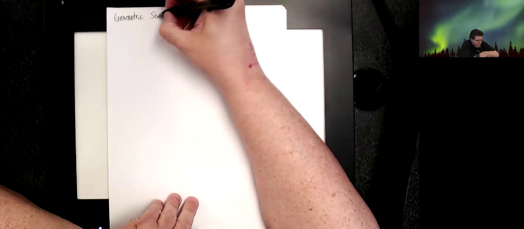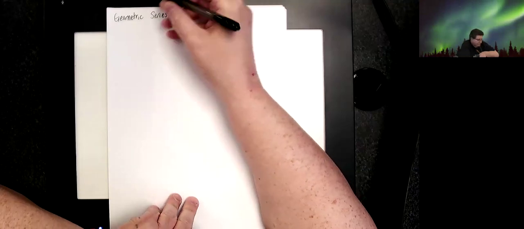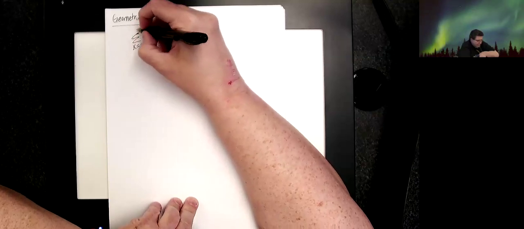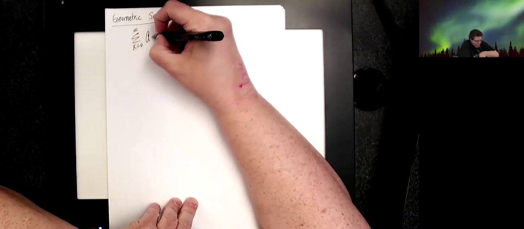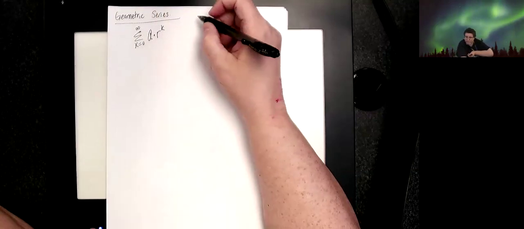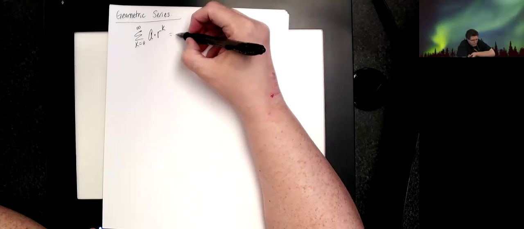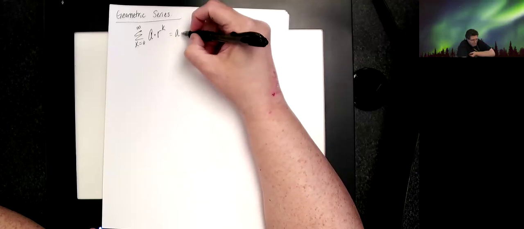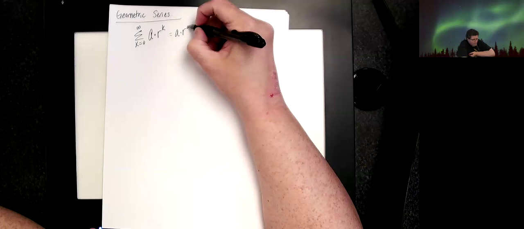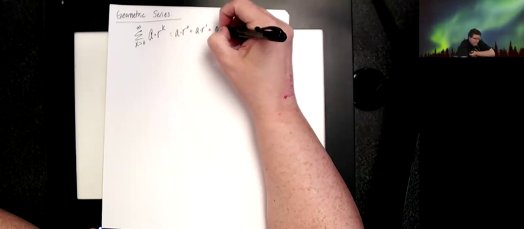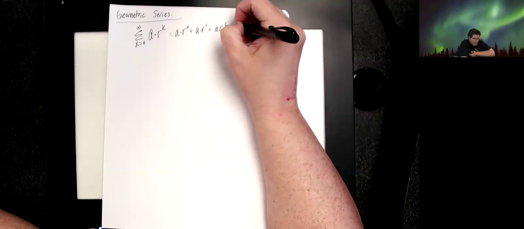We're gonna look at something called the geometric series now. And this starts with k equals 0 here, and it's a times r to the k power. So if I expand this out, this is a times r to the 0 plus a times r to the first power plus a times r squared.